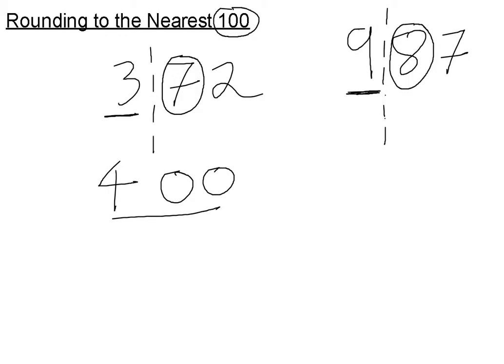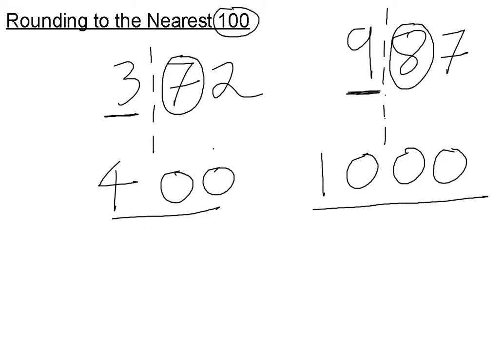Well, if I have 9 hundreds and I add on another 100, we have 10 hundreds, which is really just 1,000. So that means we have the 9 essentially becoming 10, and everything after the dotted line becoming 0. So we can see that the 900s have really rounded up to 10 hundreds, which is 1,000. So our answer would be 1,000. That would be 987 to the nearest 100.